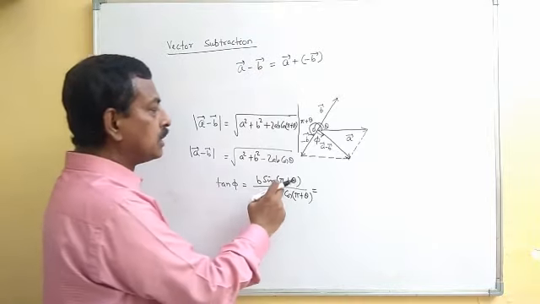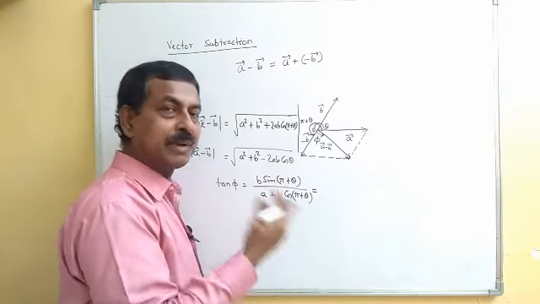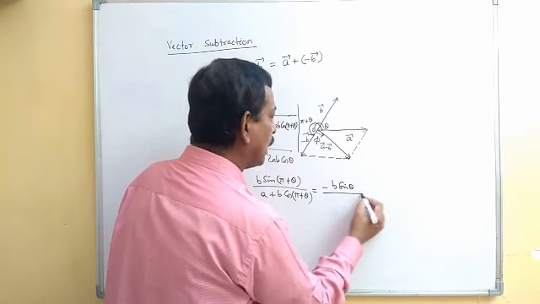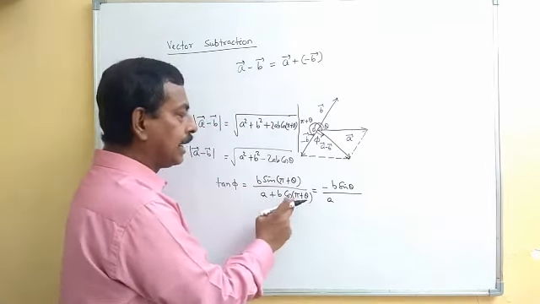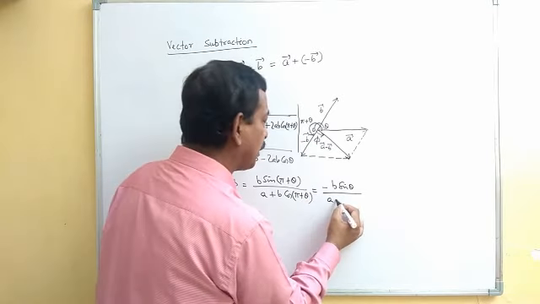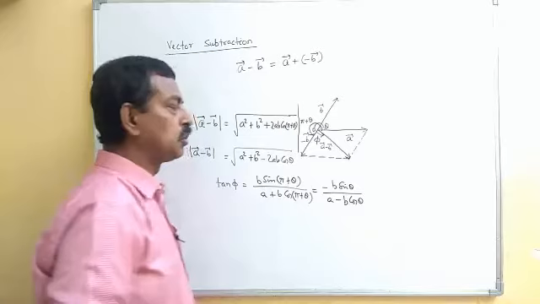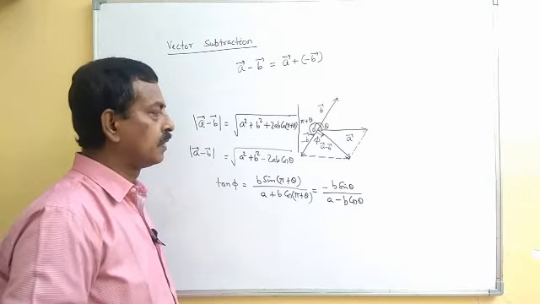And sine 180 plus theta is minus sine theta, so it is minus B sine theta over A, and again cos 180 plus theta is minus cos theta, so it is minus B cos theta.